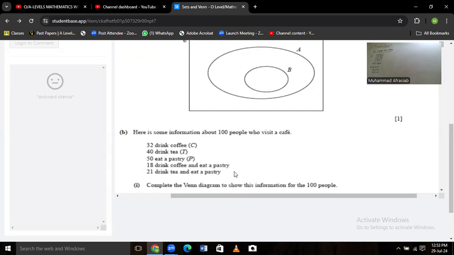18 drink coffee and eat a pastry. Coffee and pastry, so intersection will be used, and that is equal to 18. 21 drink tea and eat a pastry. Tea and pastry, that is 21.